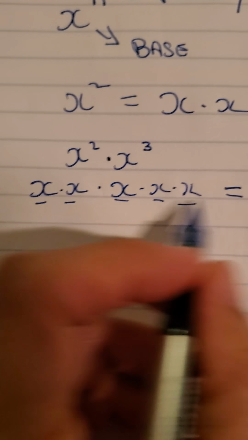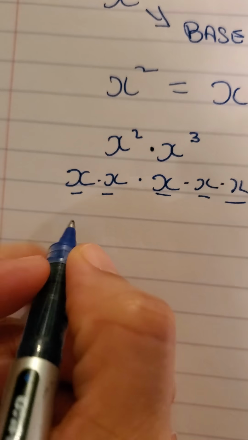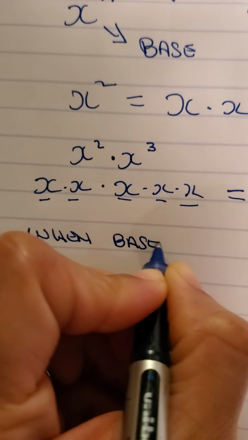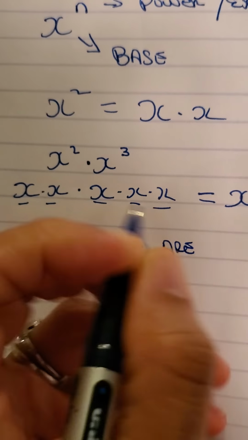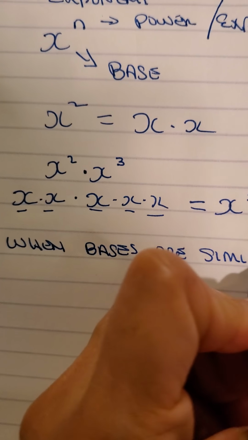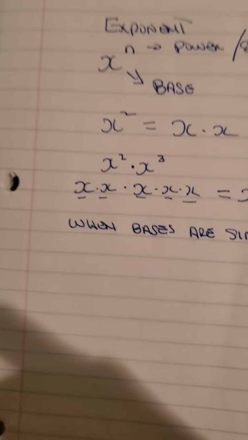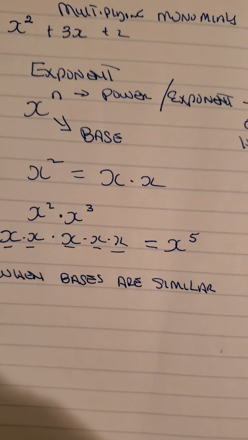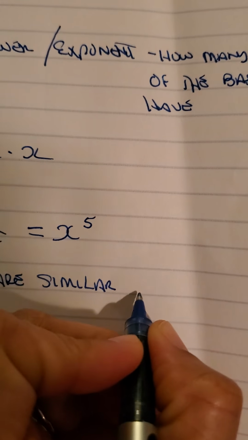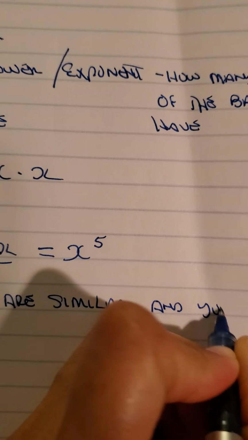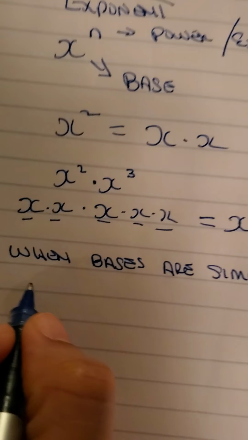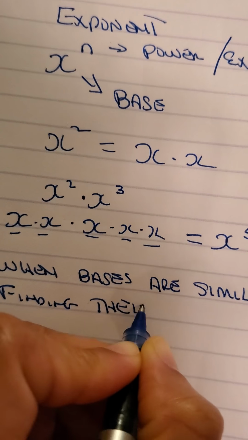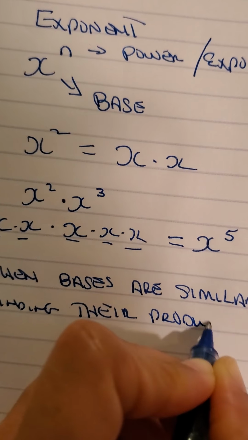So basically, what this rule is really saying is that when bases are similar, and this is a recap because this was there when you looked at the rules of exponents, and you are finding their product, which means you're multiplying, right?